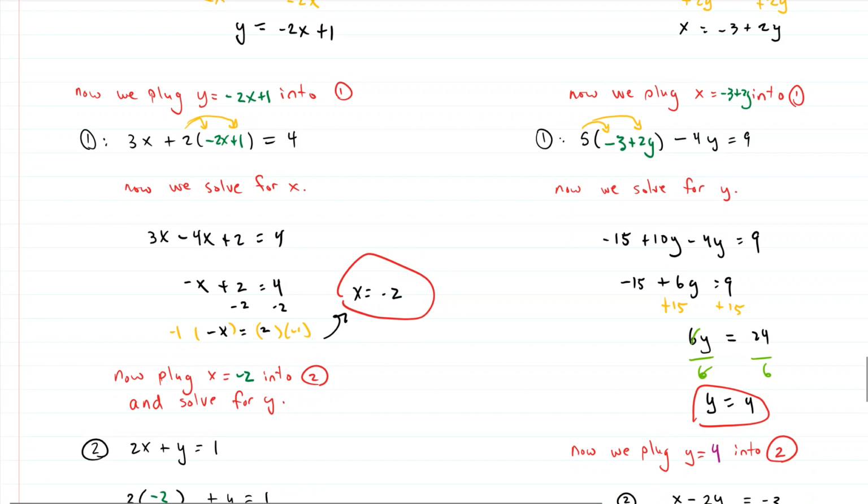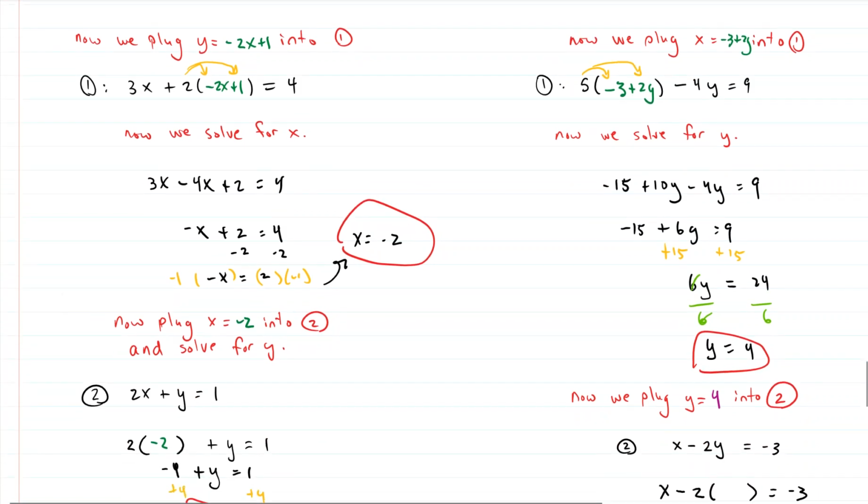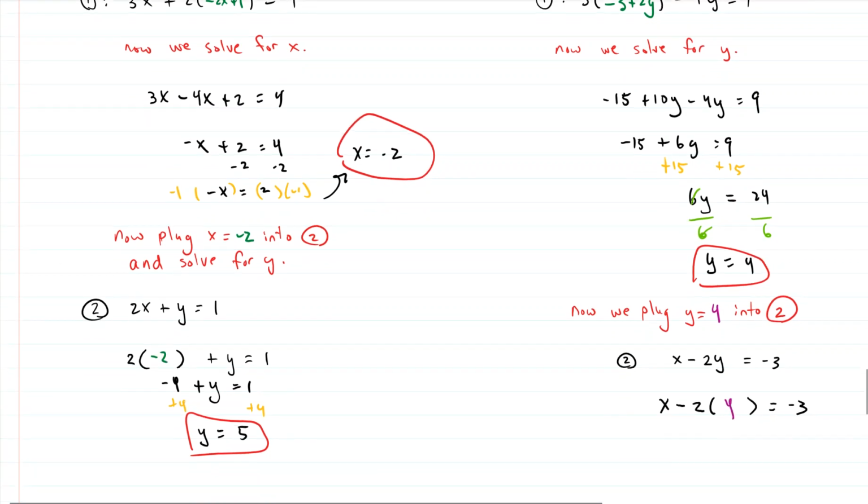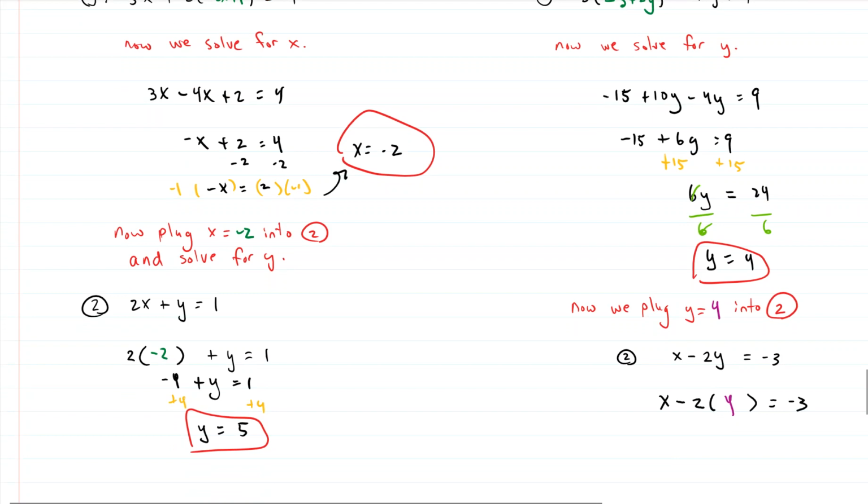Now we take that and we can plug that into equation 2, or equation 1. Actually, it doesn't really matter which one. So here's equation 2, x minus 2y equals negative 3, and this really should be a y right there, right? But we know what y is. Y is 4. So let's plug in 4 and solve for x.